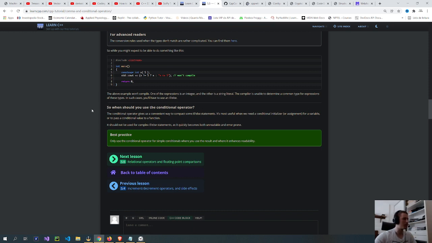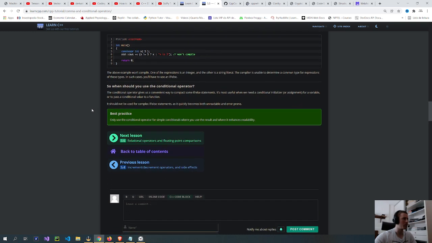So when should you use the conditional operator? The conditional operator gives us a convenient way to compact some if-else statements. It's most useful when we need a conditional initializer or assignment for a variable, or to pass a conditional value to a function. It should not be used for complex if-else statements as it quickly becomes both unreadable and error-prone.